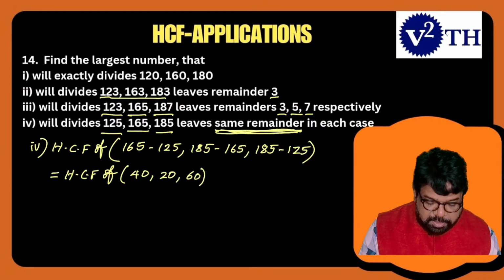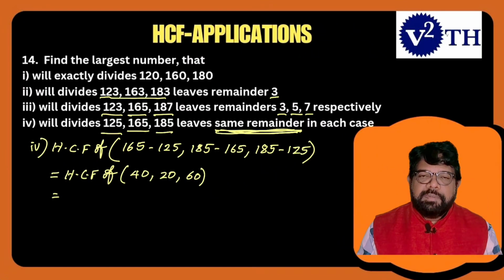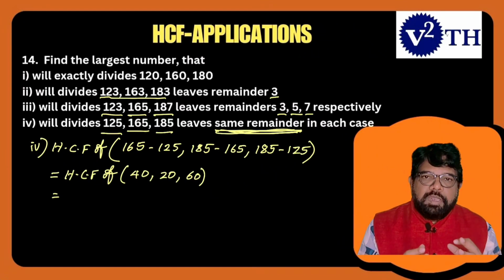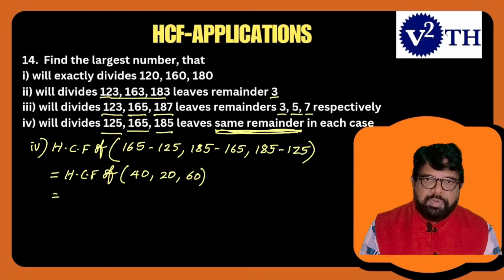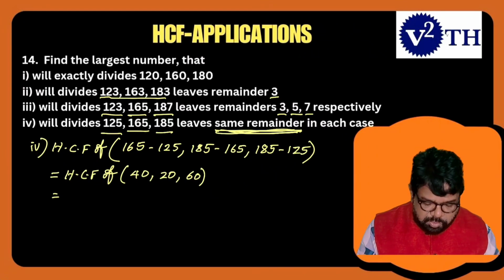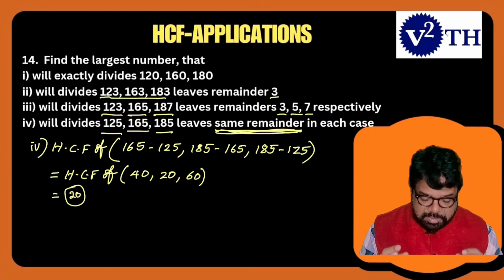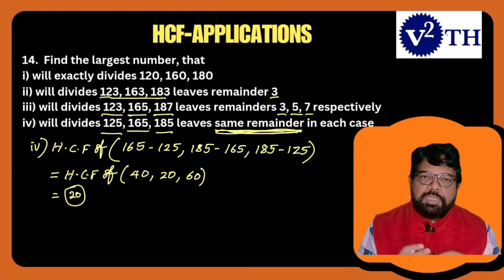Now what is the HCF again? Select one number. The shortcuts you have to keep in your mind by practicing. In previous videos you can see how to calculate the HCF shortcut. Select one number that divides all the numbers. Now here 20 divides all the numbers. So HCF of 40, 20, 60 is what now? 20. Now check the condition.